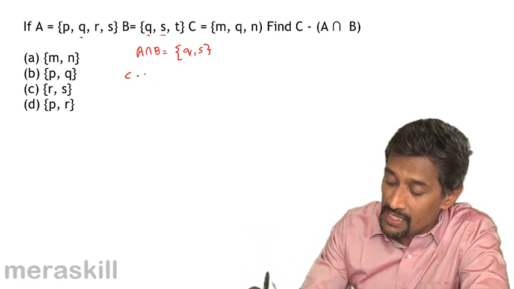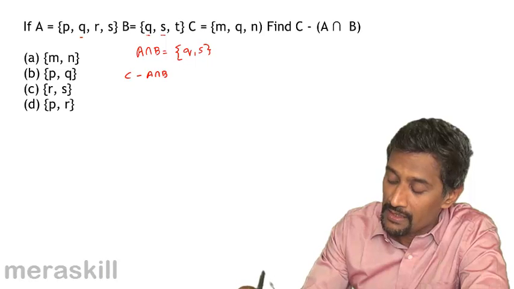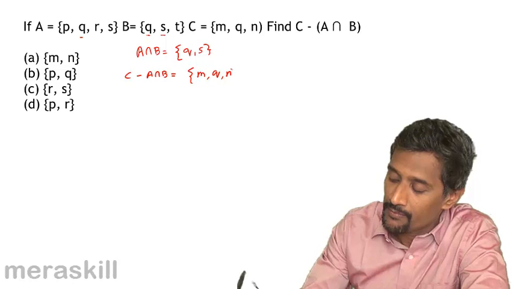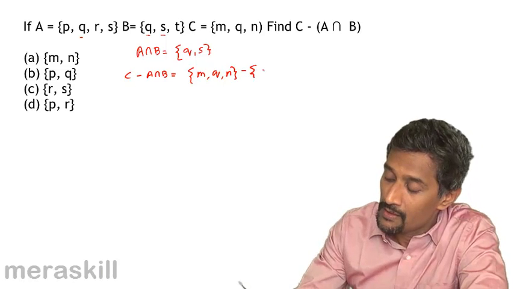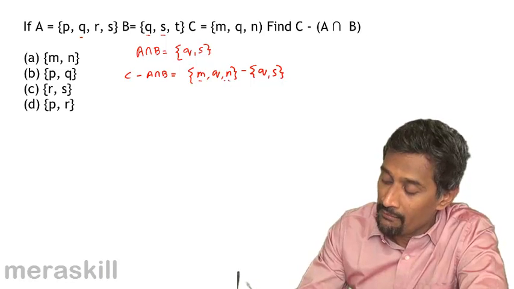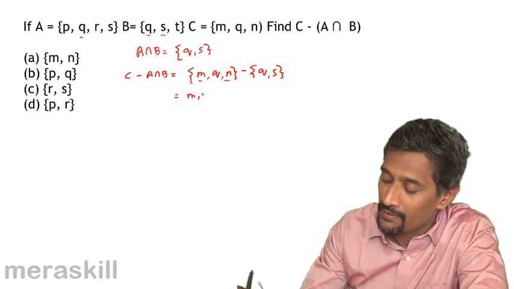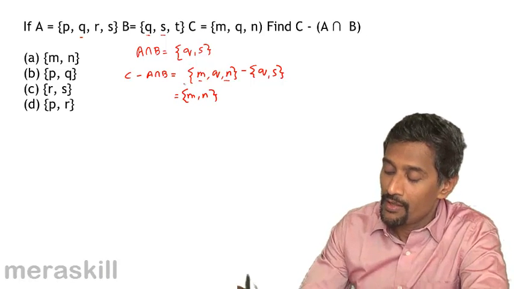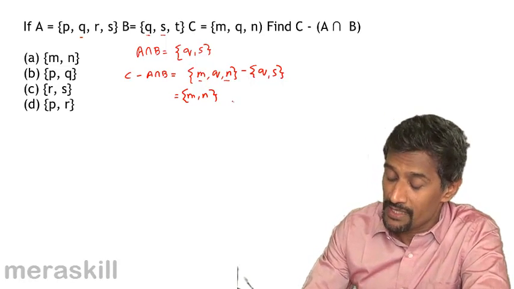C minus A intersection B is {M, Q, N} minus {Q, S}, so it's going to be M and N.